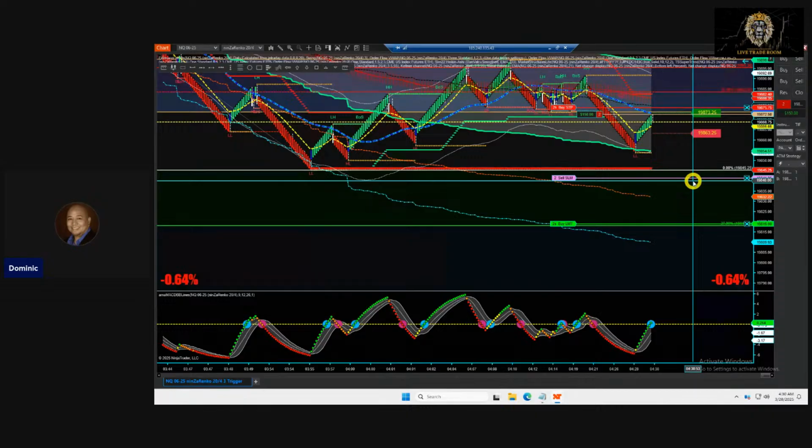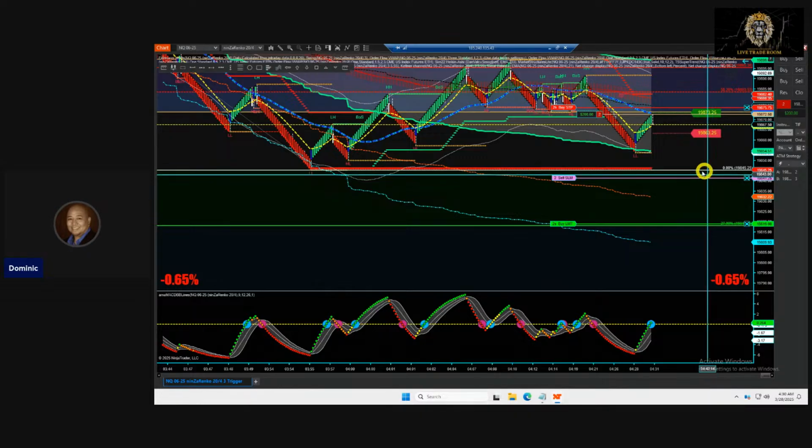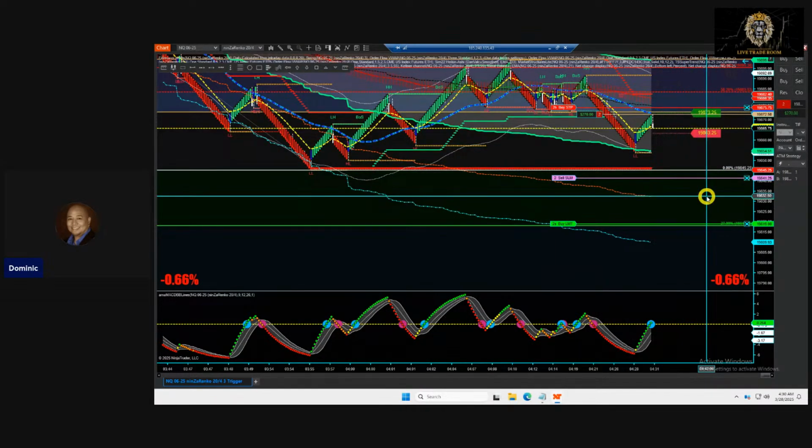Hmm. It hit 190. Didn't break it. There, we hit it. Okay, so it's going to continue coming down. There's a propensity now to go down once it reached that 190.